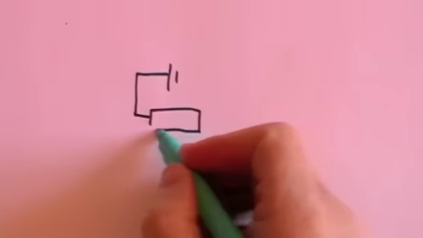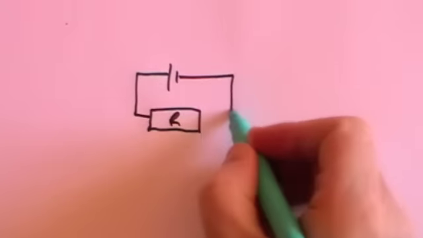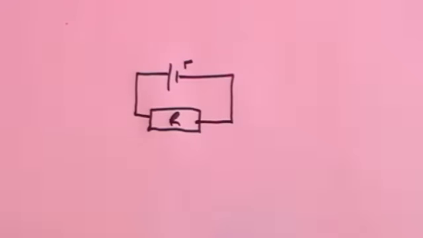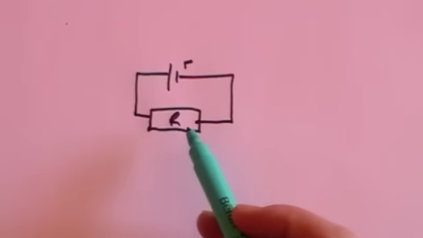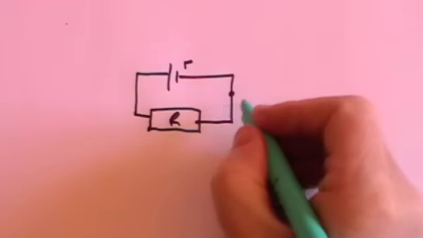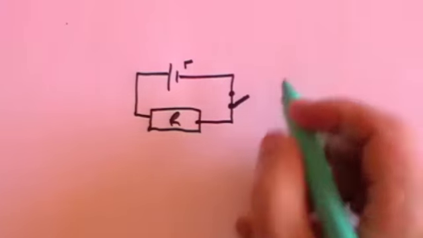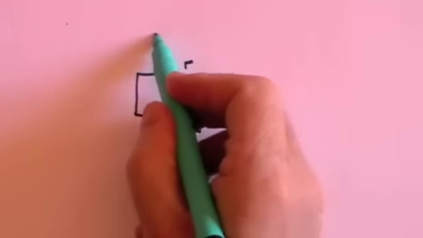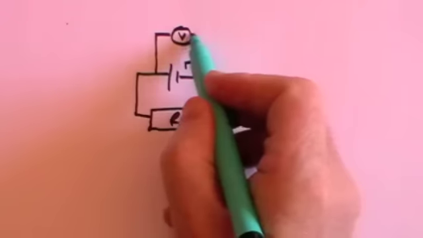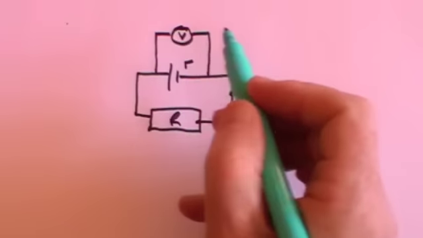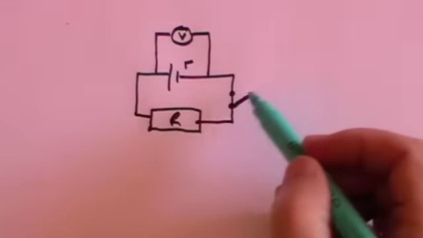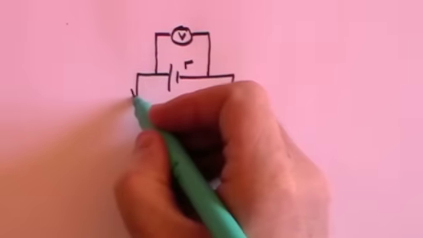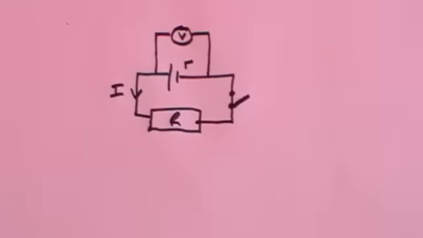You should now be able to draw this in your sleep. We've got a battery with an internal resistance r, and in the circuit we've got a capital R, but here I'm going to introduce a switch so that I can either open the circuit or close the circuit, and I'm going to measure the voltage across the battery. Now when the switch is closed there will be a current flowing.